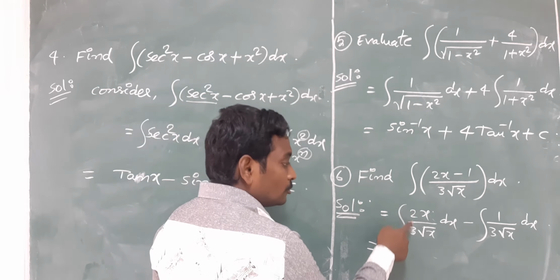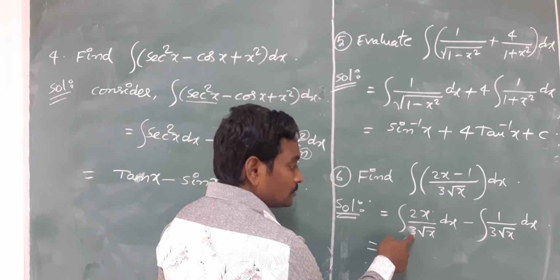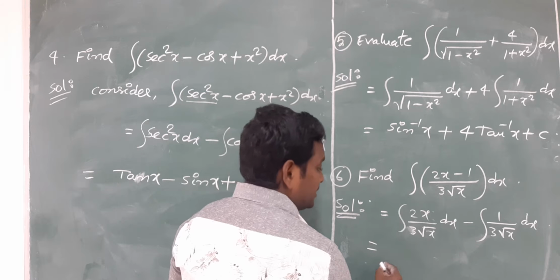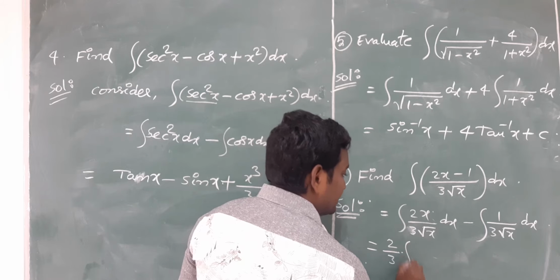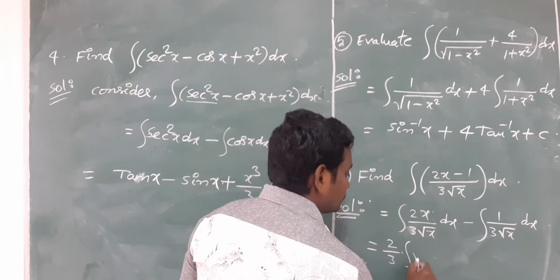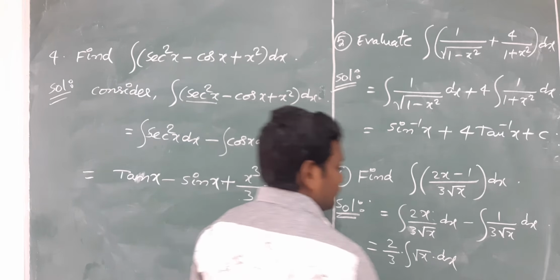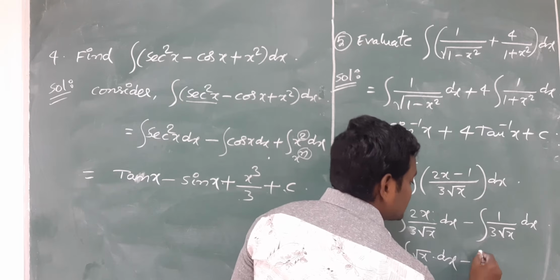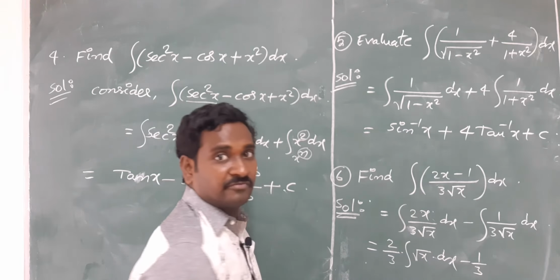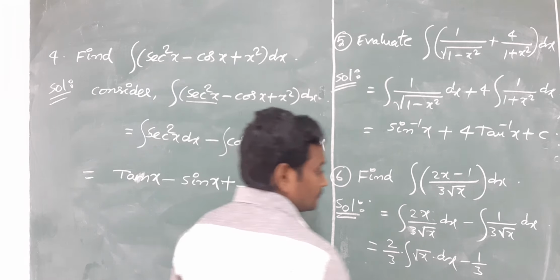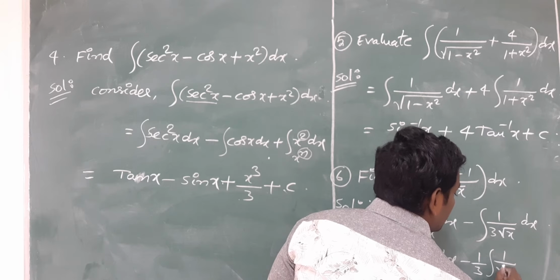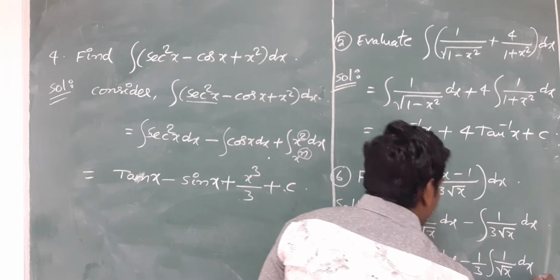We observe that 2 by 3 is the constant term, so take it outside of the integration: 2 by 3 integral, what is x by root x? Root x into dx, minus, here also 1 by 3 is the constant term, take it outside of the integration. So integral 1 by root x into dx.